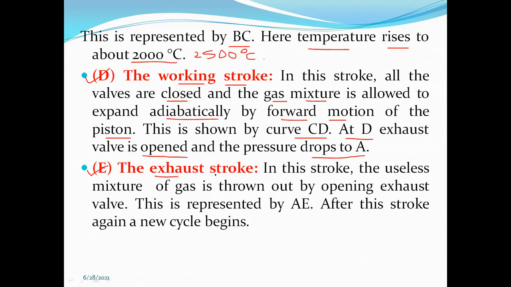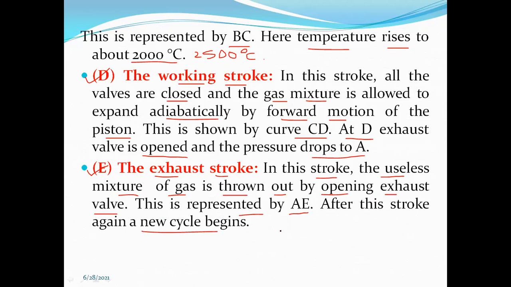The last one, the fifth one, is the exhaust stroke. In this stroke, the useless mixture of gas is thrown out by opening the exhaust valve. This is represented by AE. After this stroke, a new cycle begins.